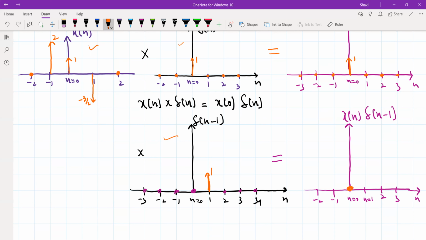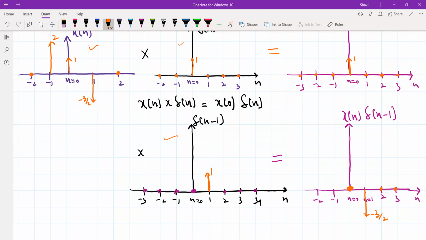So this will be simply 1 multiplied by minus 3 by 2, and that will be minus 3 by 2. Now when we multiply delta n minus 1 at n equal to 2 with x of n at n equal to 2, both are 0, so the result will be 0. Similarly, the other sample points will be 0 when n is positive.